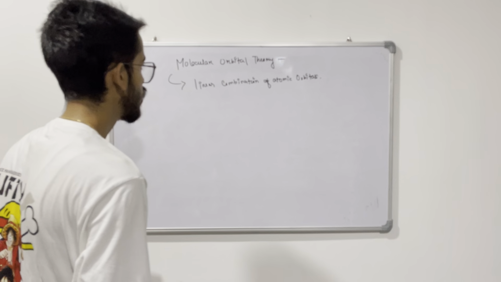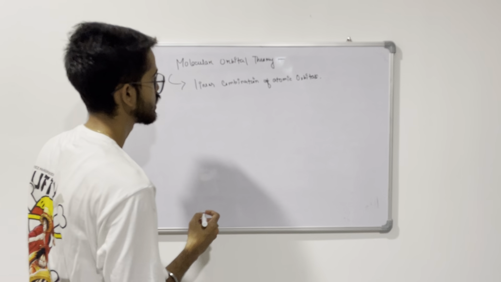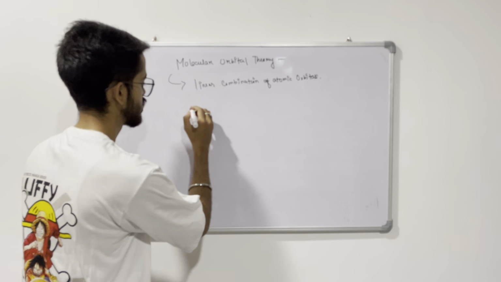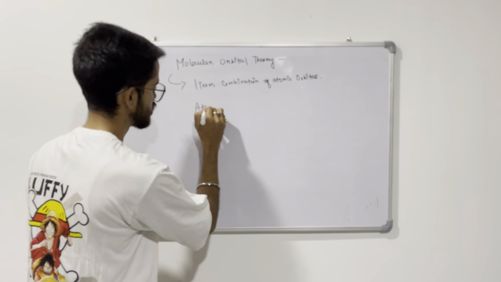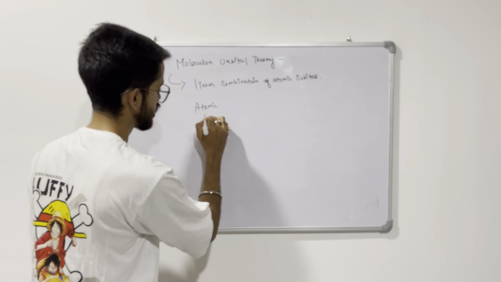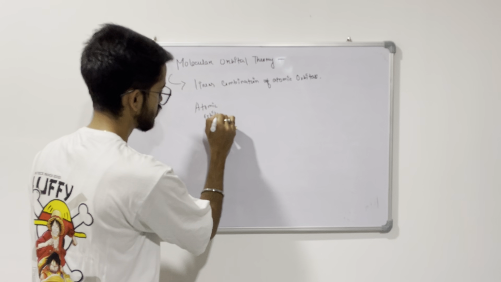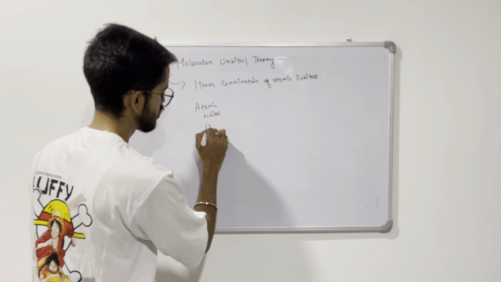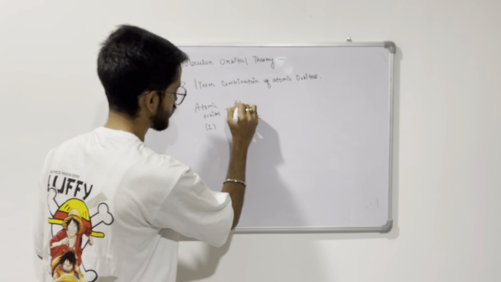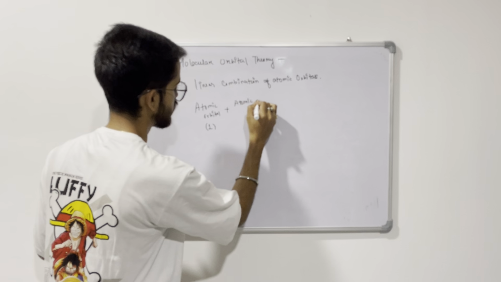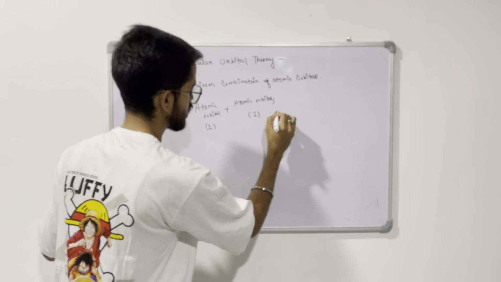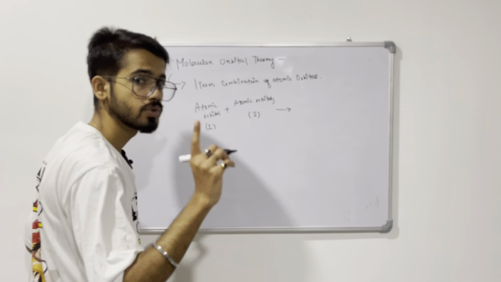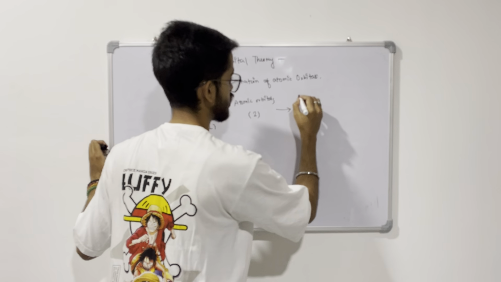So how is a molecular orbital formed? Say atomic orbital 1 plus atomic orbital 2, two atomic orbitals are combined, then two types of molecular orbitals are formed.